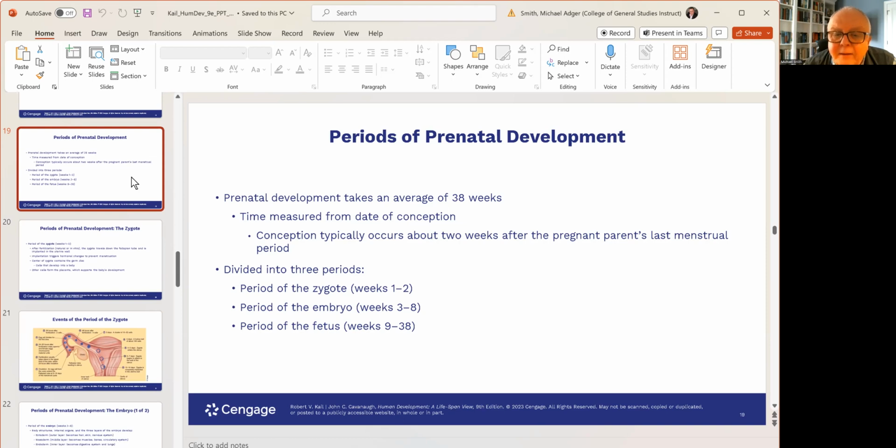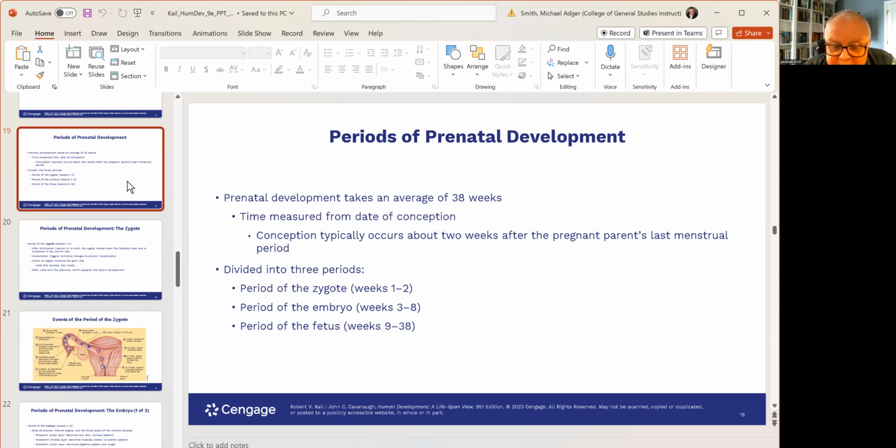So prenatal development takes on average 38 weeks, time measured from the date of conception, which we probably never know exactly. But conception typically occurs about 2 weeks after the pregnant parent's last menstrual period. It's divided into 3 periods. There's a period we call the zygote, which is weeks 1 and 2.